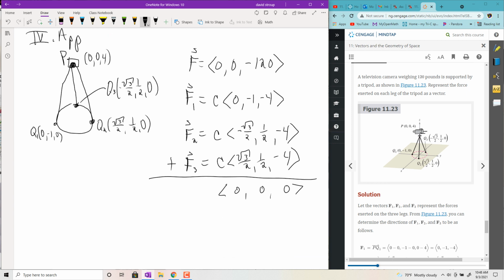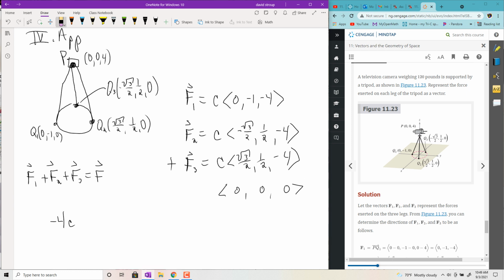Okay, so let's see what we get. If I add these together, we get -4c. Oops, I did that wrong. This would have to be positive. Or you could put it on the other side. So it'd be force from the first leg plus force on the second leg plus force on the third leg is equal to the force on the camera. Sorry about that. My first instinct was correct.